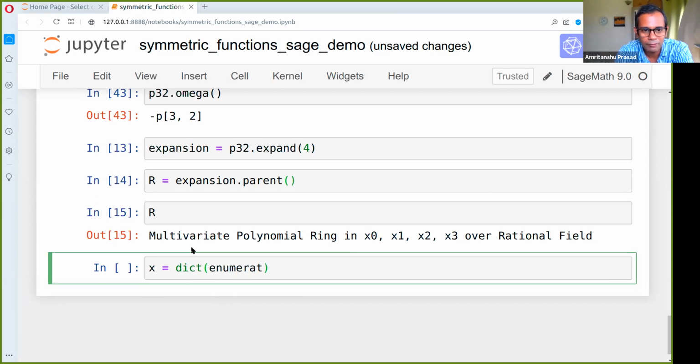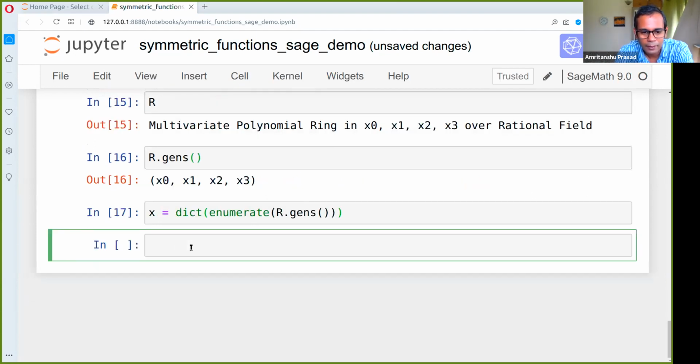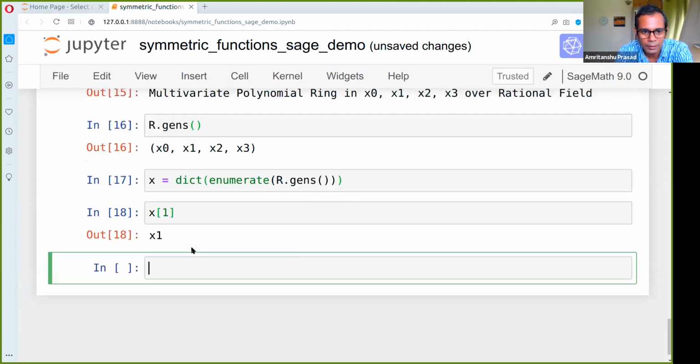You want to get the variables. If you take R dot gens, that will give you the variables. You can put them in a dictionary. You can say X equals dict of enumerate of R dot gens. And now X[1] will be the variable x1, X[2] will be the variable x2.